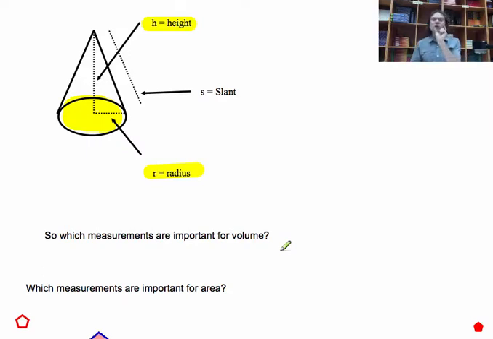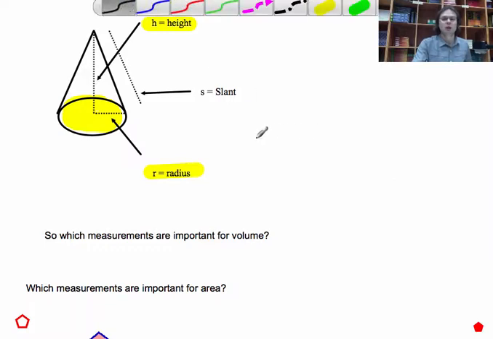But now we know a cone is kind of like a pyramid. It's the pyramid of cylinders. The cone is going to be 1/3 the volume of a cylinder. So I go pi r squared. Here we go.